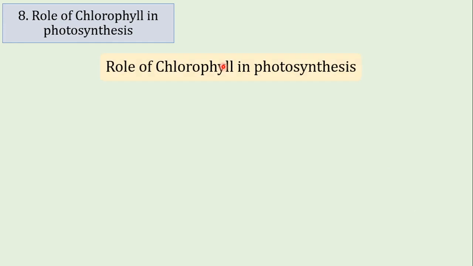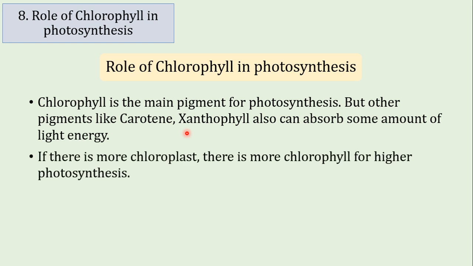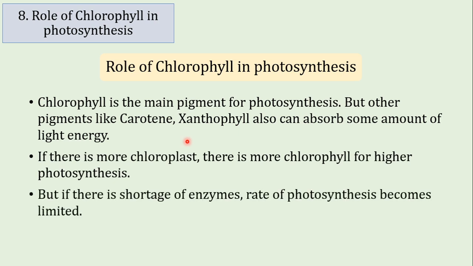Now we will understand about the role of chlorophyll in photosynthesis. We know chlorophyll is the main photosynthetic pigment that performs photosynthesis, that captures the sunlight energy, but other pigments like carotene, xanthophyll, can also absorb some amount of sunlight to help in photosynthesis process. So if there are more chloroplasts, then they will contain more chlorophyll, and that will result in a higher amount of photosynthesis.